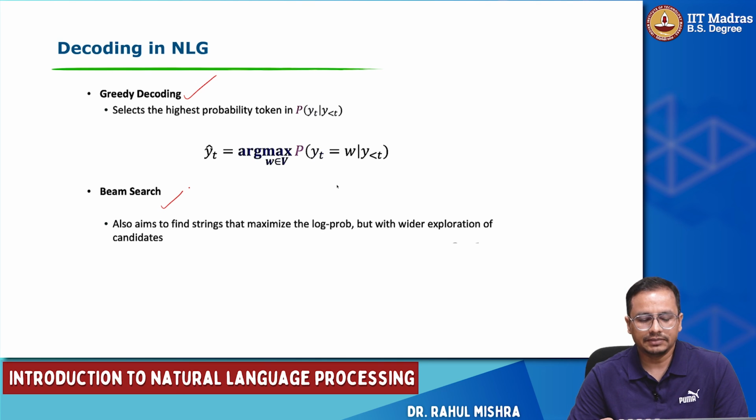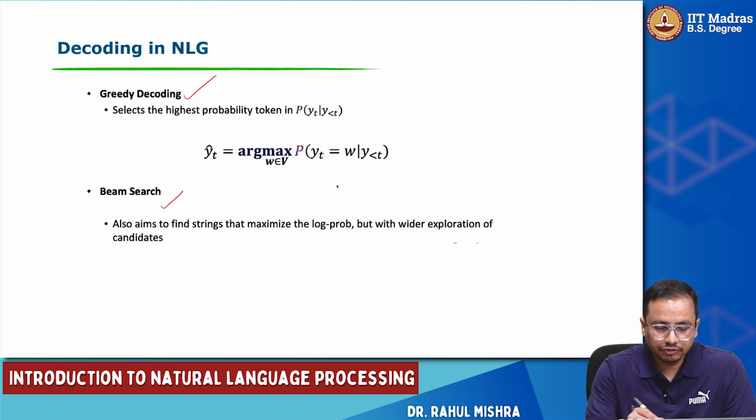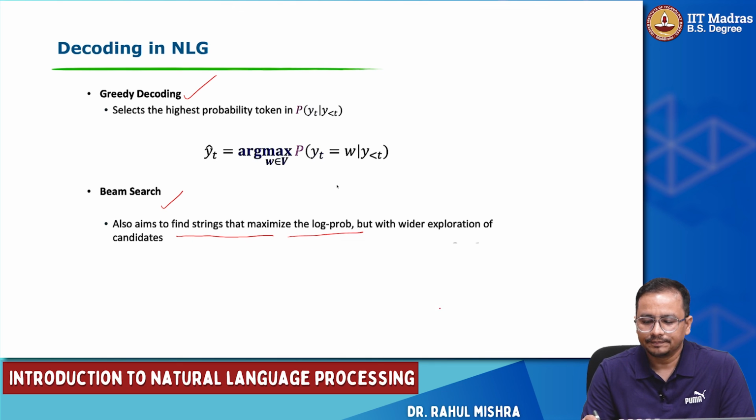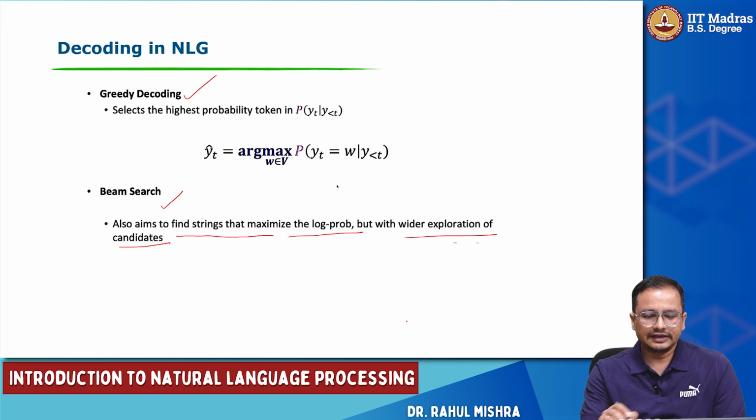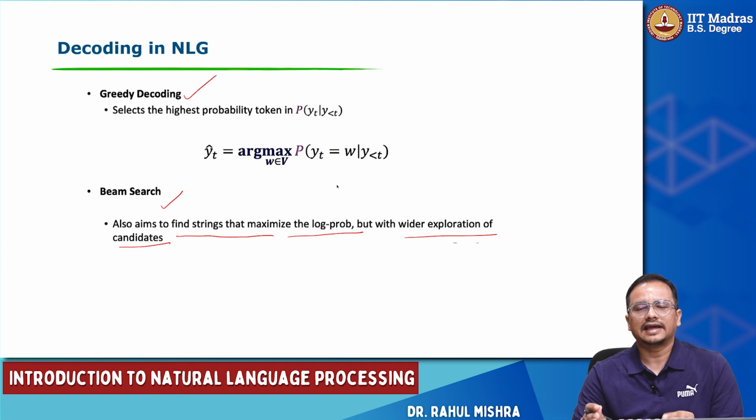What do we mean by beam search? This aims at finding the strings that maximize the log probability, with wider exploration of candidates. So it also tries to maximize the probability, the expression we have already seen, but with more candidates for that.